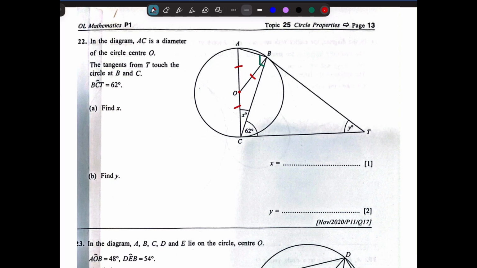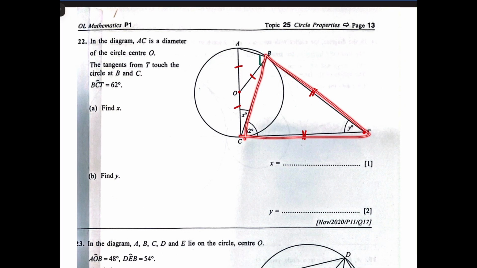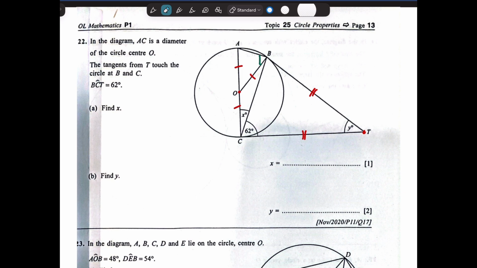The tangents from T touch the circle at B and C. Since the tangents are originating from one external point, CT will be equal to BT. And if this is an isosceles triangle, if this is 62, this would also be 62. So let's mark this as well. This is 62 degrees.